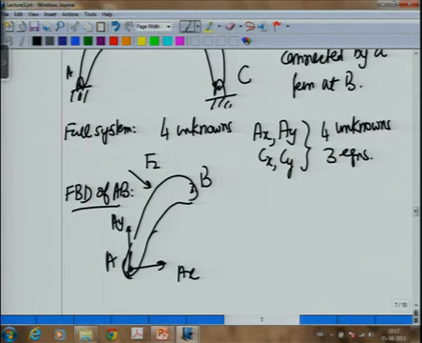Now, I will also get here Bx and By. Okay. So, that assertion now I think you are clear that it will not be towards him.